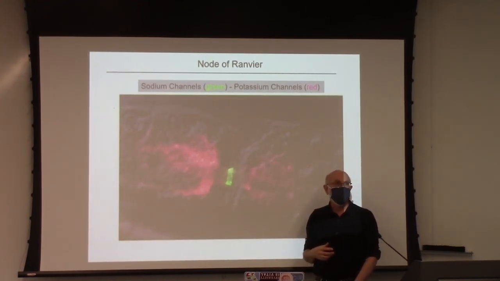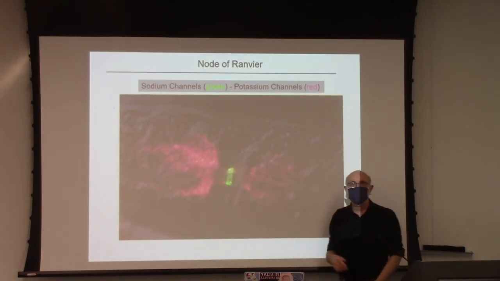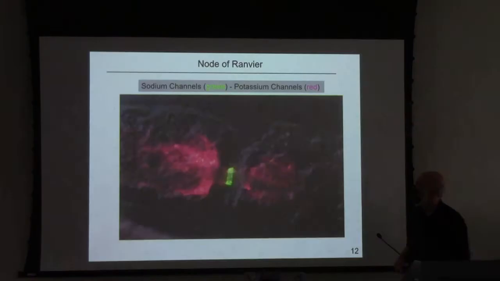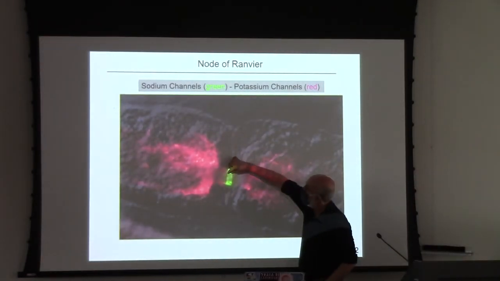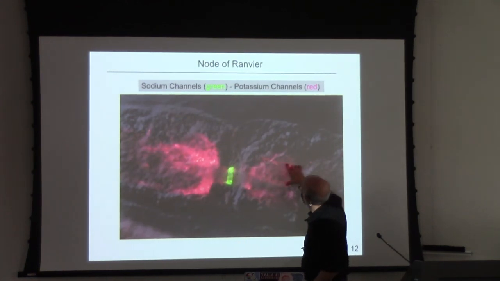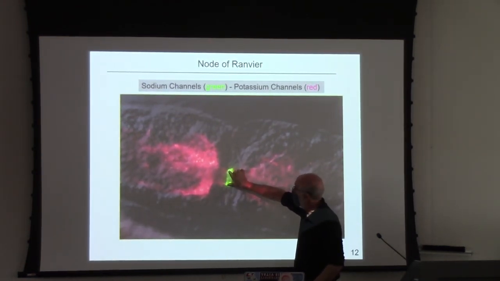A few micrometers in size compared to hundreds of micrometers in length. So this is the node of Ranvier. Here's the axon. The axon gets a little bigger actually underneath the myelin. Node of Ranvier, where the voltage-gated sodium channels are.